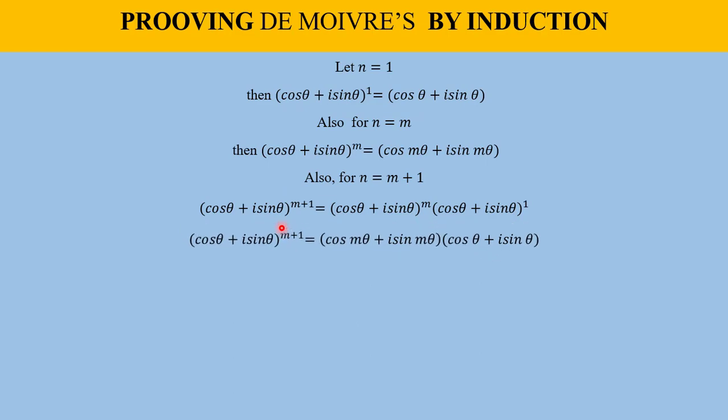Then the next step is to multiply the integer m with the angle and the integer 1 with the angle. So we shall have (cos m theta plus i sin m theta) times (cos theta times 1 plus i sin theta times 1). So we have a silent 1 here and here.